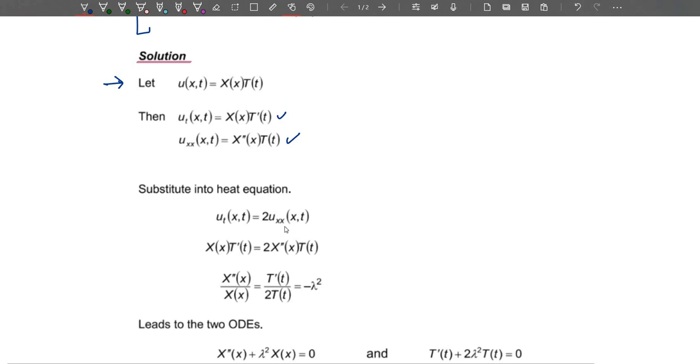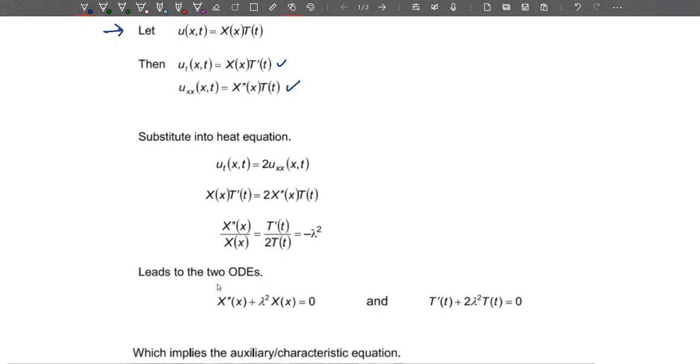u_t equal to 2u_xx, which means we have X(x) T'(t) equal to 2X''(x) T(t), and can be written as this: X''(x) over X(x). Remember the constant should be with t, so T'(t) over 2T(t), and this one should be written as equal to negative lambda squared, because this is what will satisfy the boundary conditions.